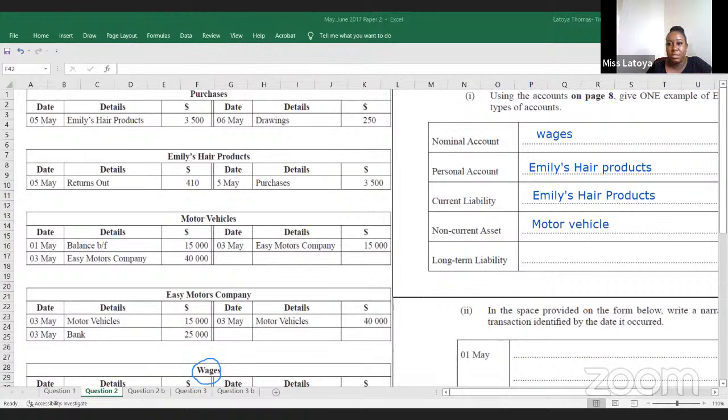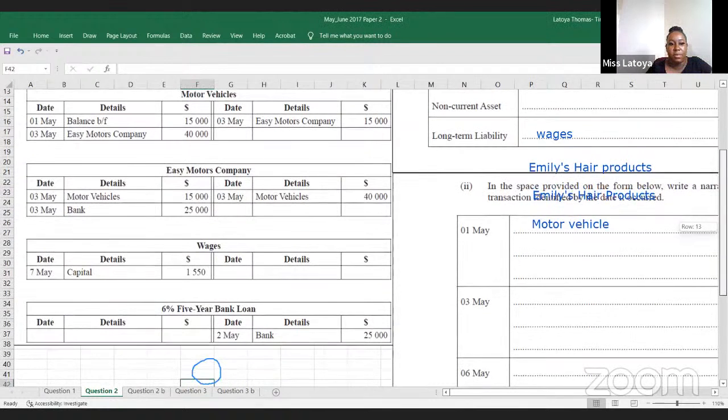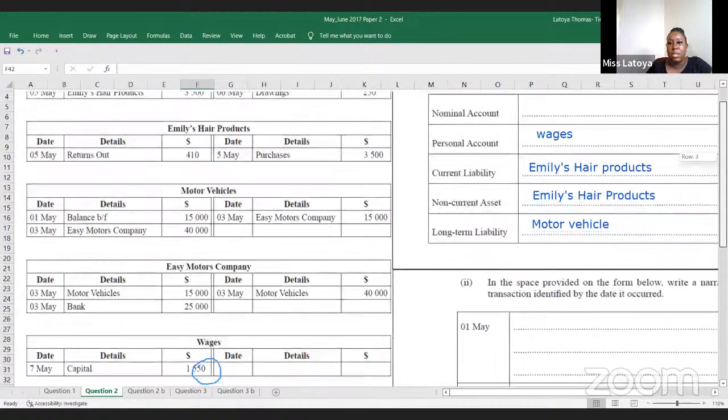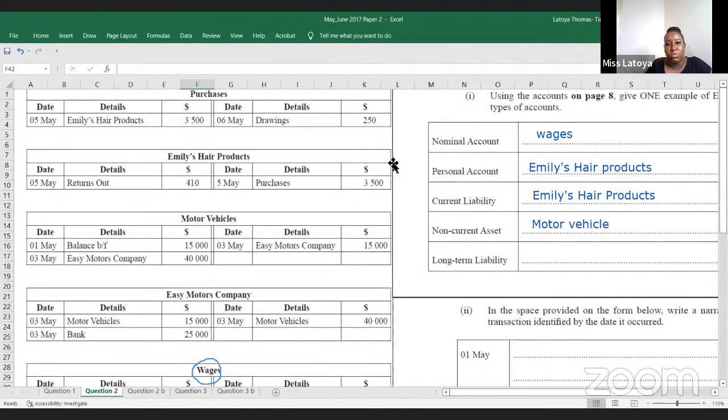Long-term liability, that was the last account we saw, wasn't it? We saw one with a 6% 5-year bank loan. So this would be our example of a long-term liability account. Okay, so let's write that in. 6%.